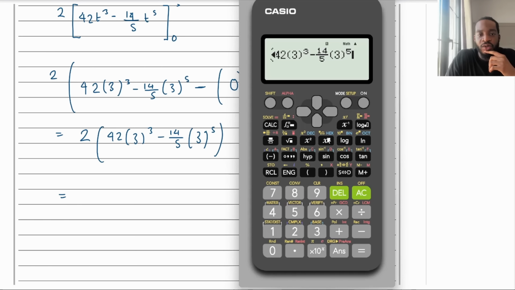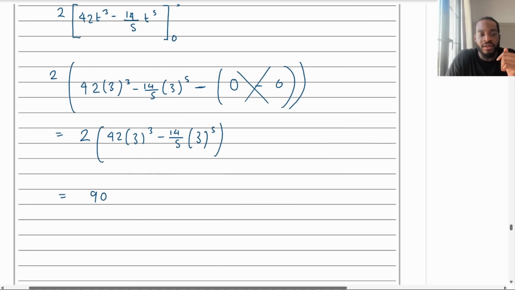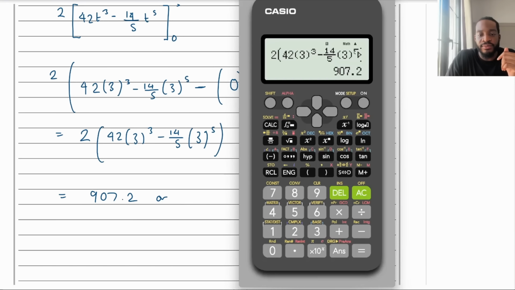Like that, and then close bracket. Let me just double check that looks all good to me. I get that there, which is 907.2, right? 907.2, or what was the fraction? 4536 over 5.